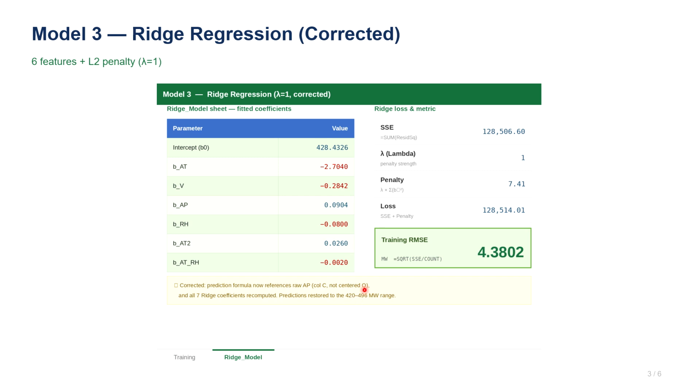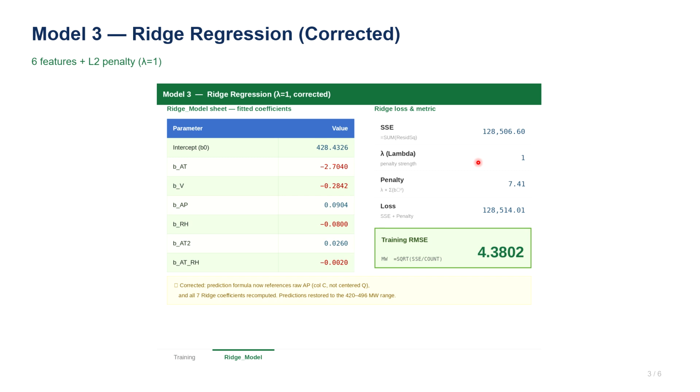Model 3 is ridge regression, a regularized version of the polynomial model. It uses 6 features, shown in the coefficient table here on the left. Ridge adds a penalty on the size of the coefficients. Instead of minimizing only the squared error, it minimizes the squared error plus lambda times the sum of squared coefficients.